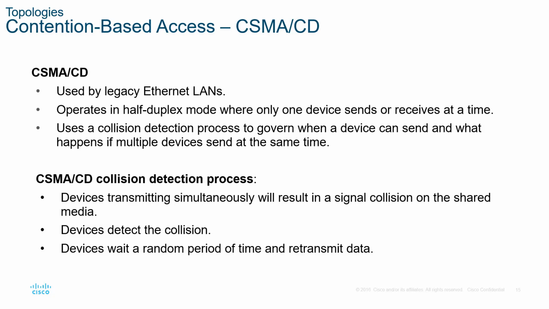CSMA/CD, while it is legacy, basically allows us to send and receive data, and if it detects something, it has the rules on what to do. If two devices are communicating at the same time, that's called a collision. So that collision detection is when it sees two things communicating at the same time, it will wait and retry again. If it retries and also detects someone on the wire, it will wait again. And it will do this as long as necessary until it can retransmit the data. That is CSMA/CD.